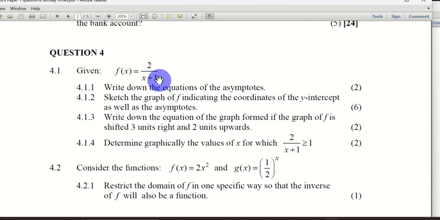What was the original graph? Anyone else want to take a chance?